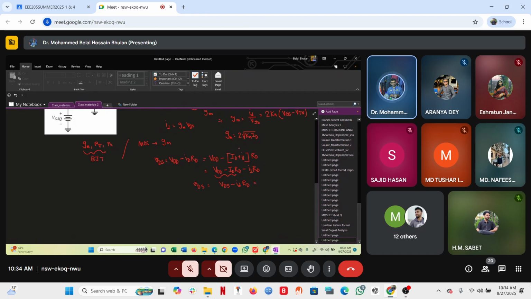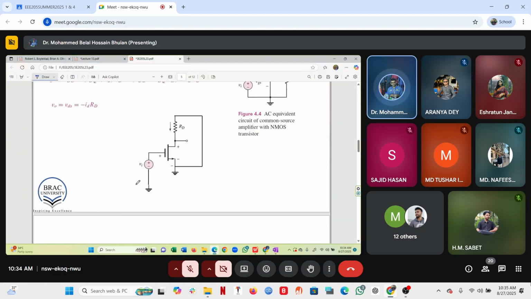So the instantaneous VDS has two components, DC VDS plus small signal VDS, and the small signal VDS equals minus small signal ID times RD.